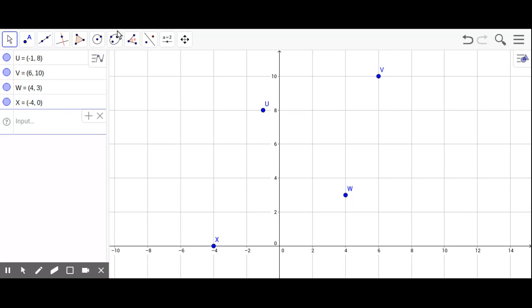Alright, so we've got our shape. Now the first thing that I'm going to do is start looking at the different lines that we have here.